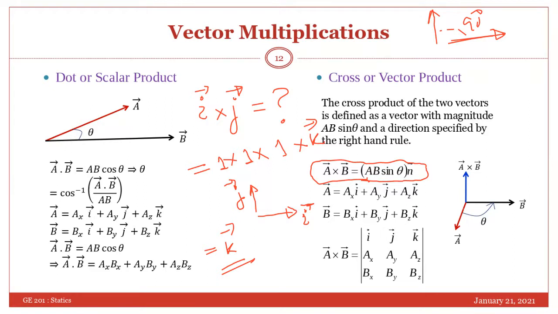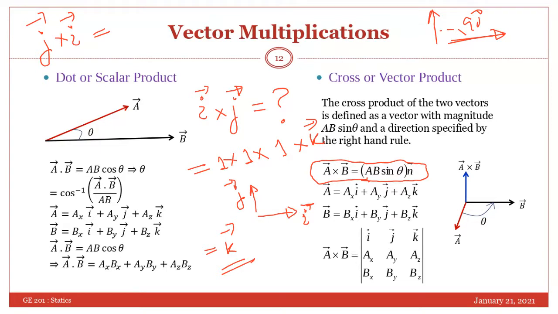Doctor, why do we turn our hands from I to J, not J to I? Because you are finding I cross j. If you find j cross I, okay, in this case, this is j as the y direction, and this is the x direction. I am turning my finger from j to I. So the direction of the thumb will be away from my face.